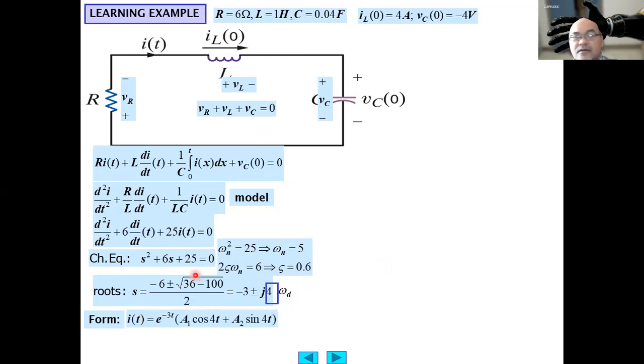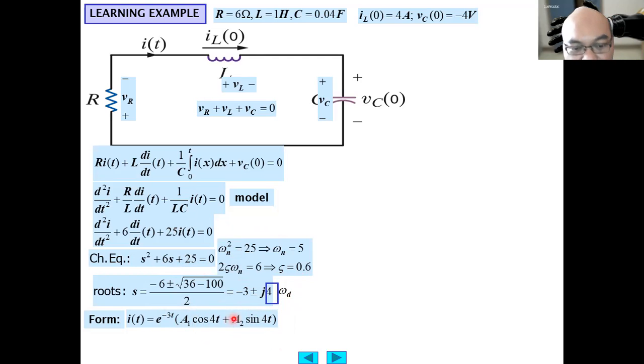So the homogeneous solution form will be i(t) equals exponent of the damping coefficient, exponent sigma t, or minus 3t, times A1 cosine 4t plus A2 sine 4t.